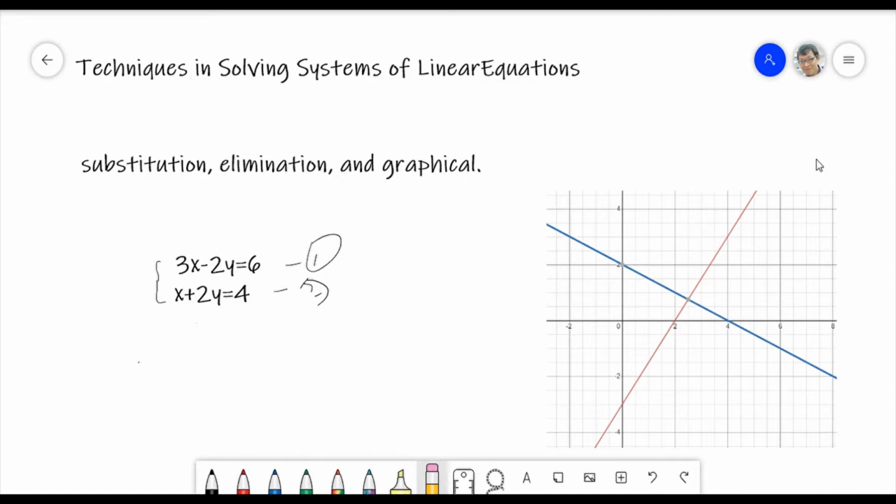First, I want to say the graphical way is very useful, but if the solution is a decimal, it's very hard for you to guess based on the graph, right?